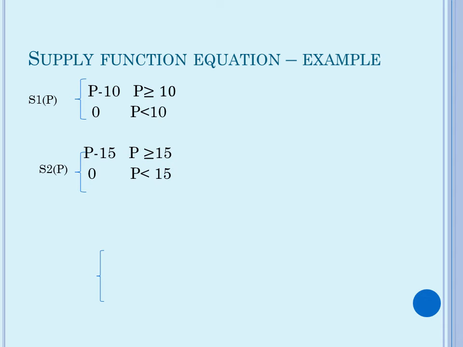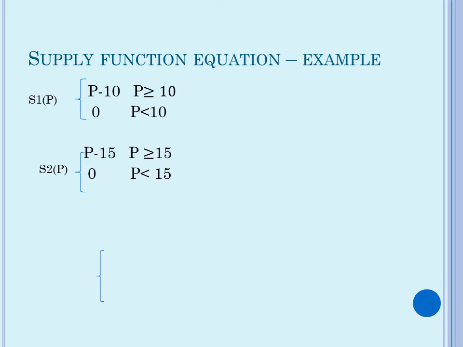If price is less than 10, the supply would be 0. And if price is 10 or above, then the supply would be S equal to P minus 10.